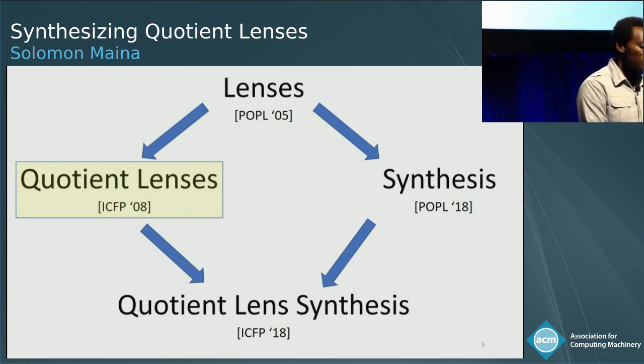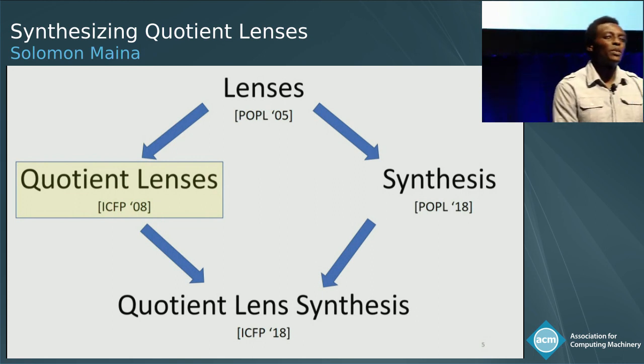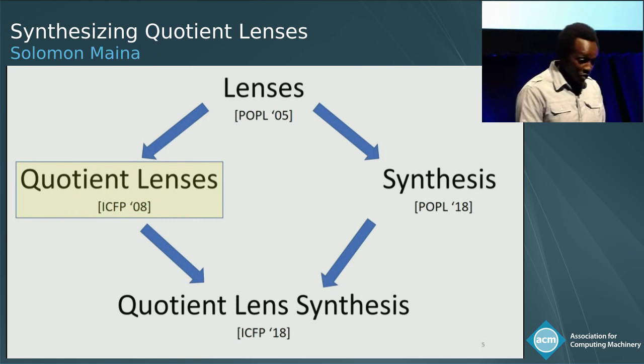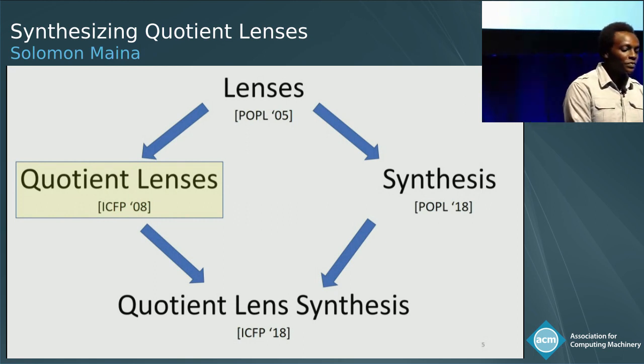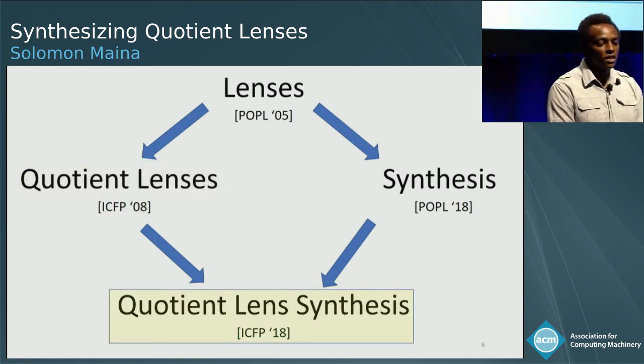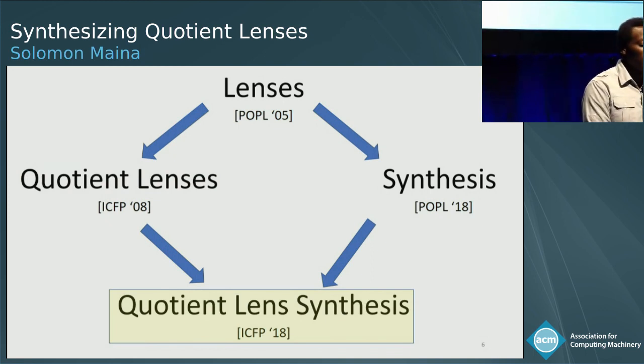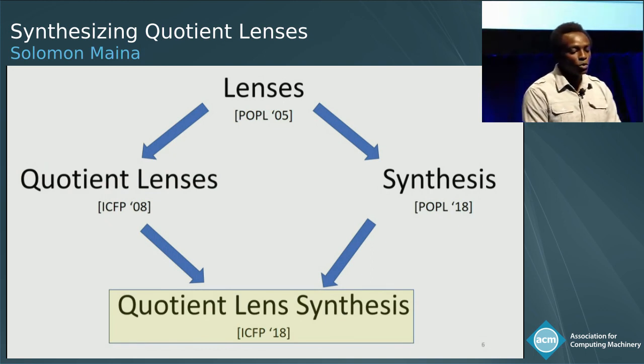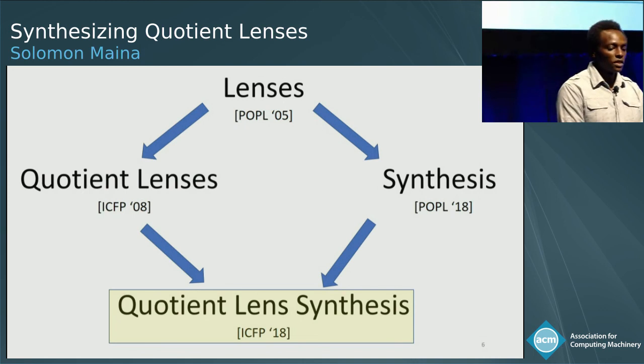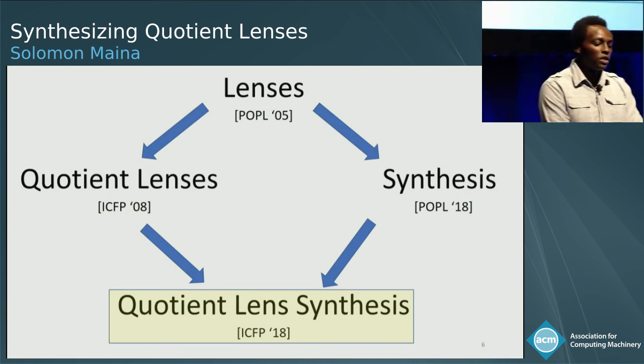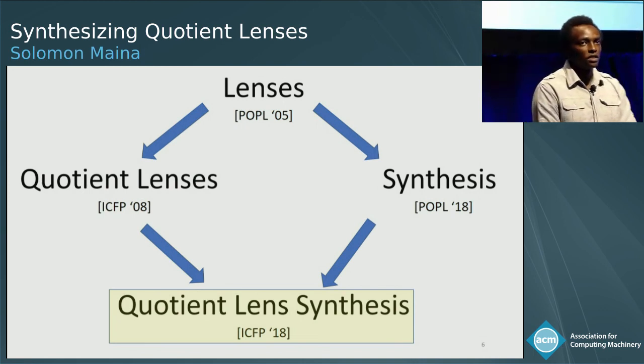In this case, the transformation will not be a bijection, and we cannot synthesize these. And the upshot is that in this talk, I will talk about a tool that we developed for synthesizing bijections between equivalence classes. And this is the big picture.